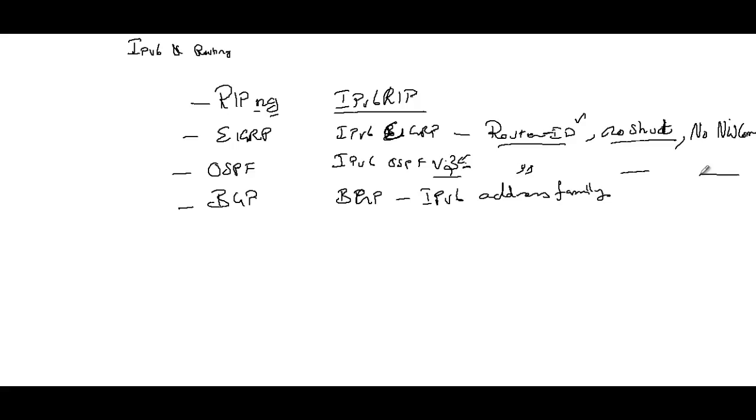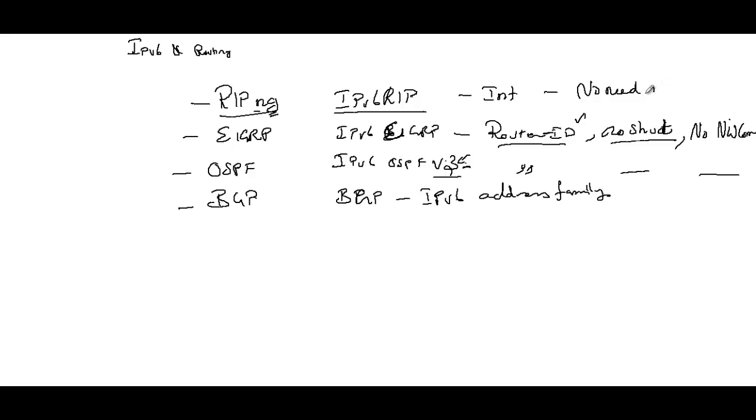Another thing, when we talk about configuration, even RIP: all RIP related commands go under the interface. We do it under the interface. We need not do anything in global configuration mode for RIP. No need to say IPv6 router RIP or something like that.